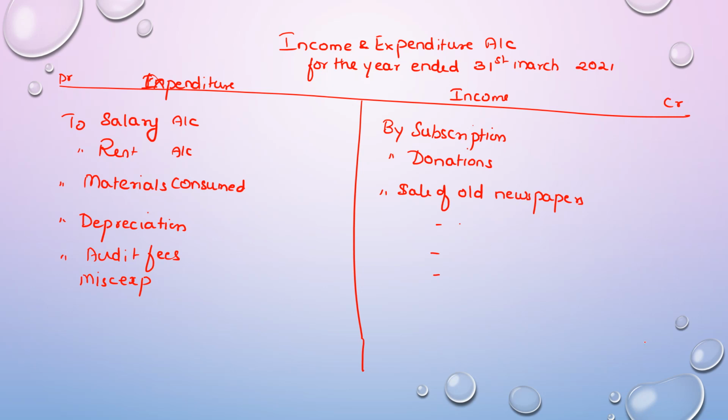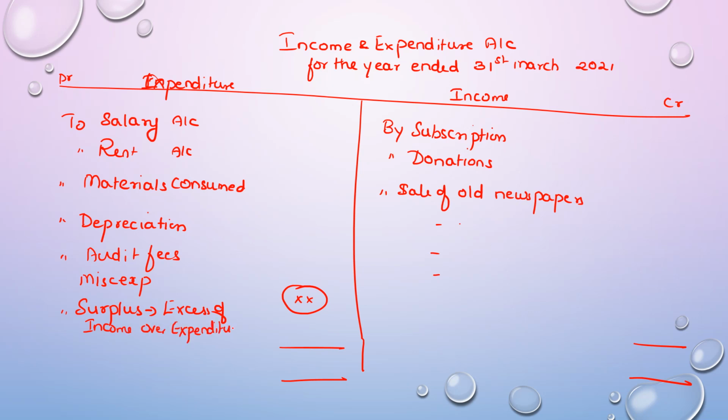Ultimately, the total of both sides would be ascertained. If the income side total is more than the expenditure, you would get the figure here as a balancing figure. That is called a surplus, which is the excess of income over expenditure.